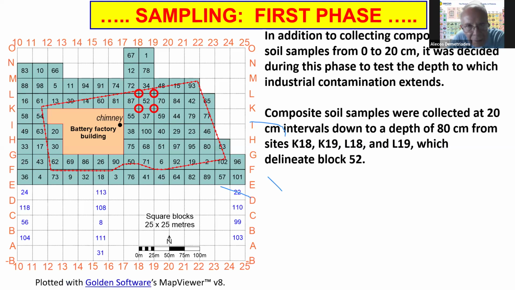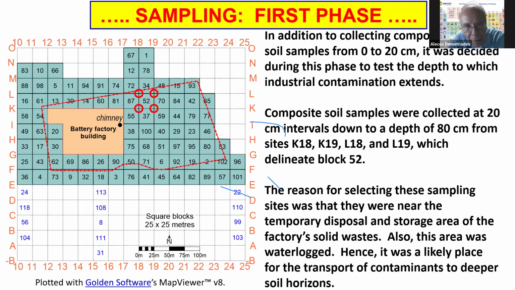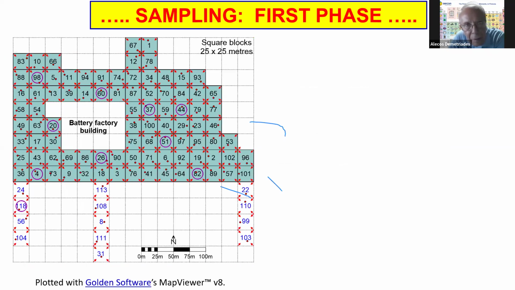The samples were taken down to 80 centimeters because, as I said, this was a waterlogged site and also the temporary disposal and storage area of the factory's solid waste. So if anything bad went on, it should be on this particular block.